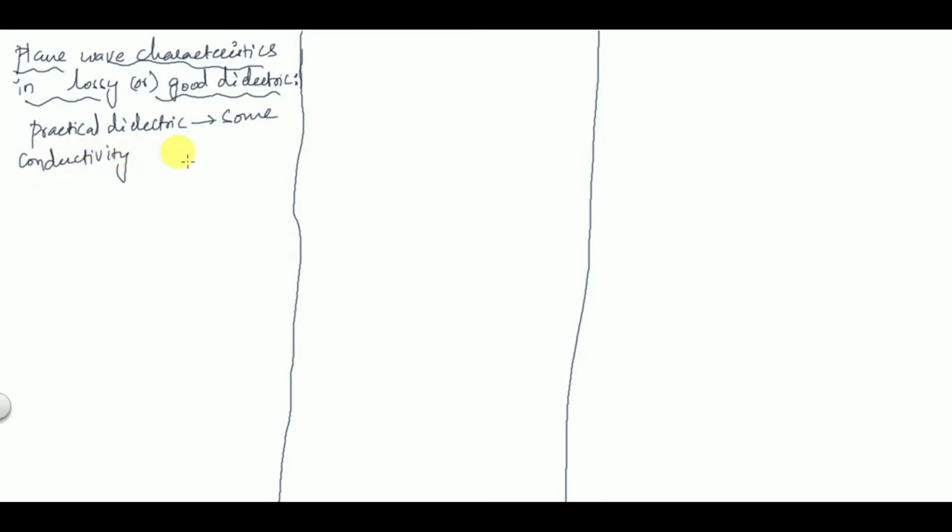When there is some conductivity, sigma is not equal to 0. And when there is some conductivity, alpha is also not equal to 0. There is always attenuation.